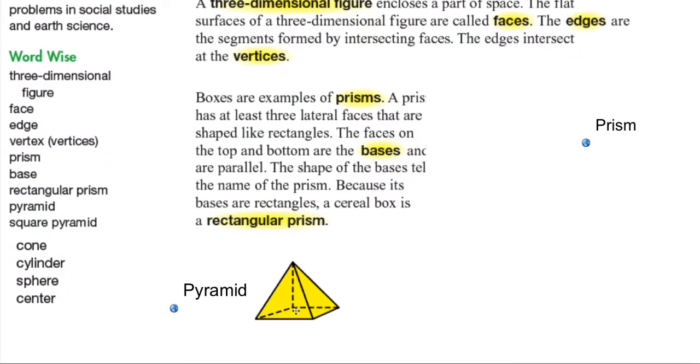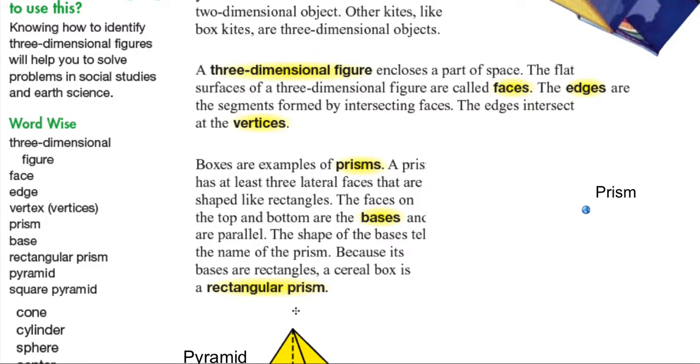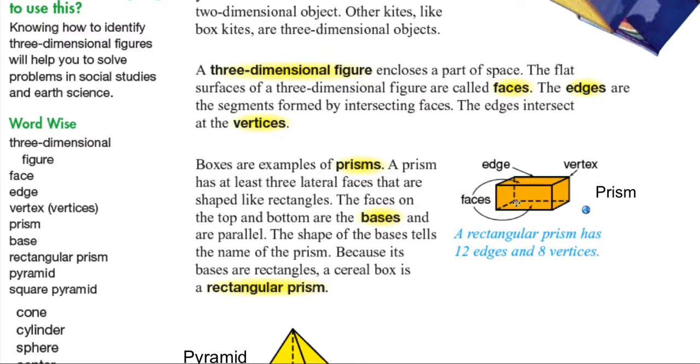And boxes are good examples of prisms. Okay, so a prism has at least three lateral faces that are shaped like rectangles. So that means these are your faces right there, shaped like rectangles. A prism should have at least three of them.